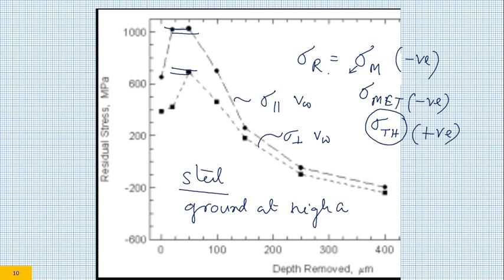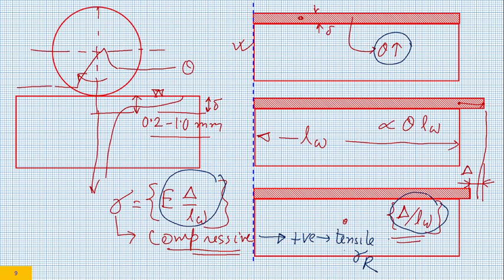Mechanical can induce a stress of minus 200 MPa. This can induce a stress of 100 MPa or so, but thermal origin induces very high tensile residual stress, and this is the result of the combined ground surface residual stress. So how do I control it? For controlling residual stress, you have to control the grinding temperature.